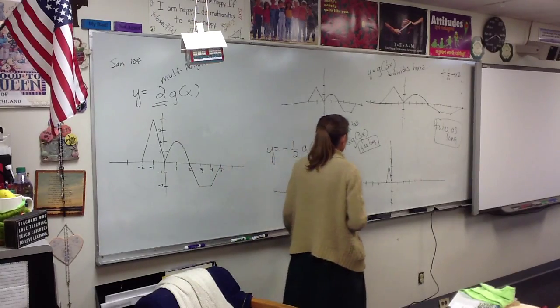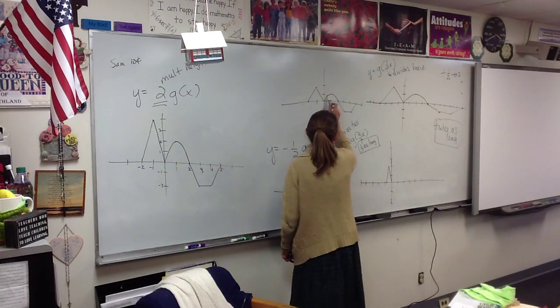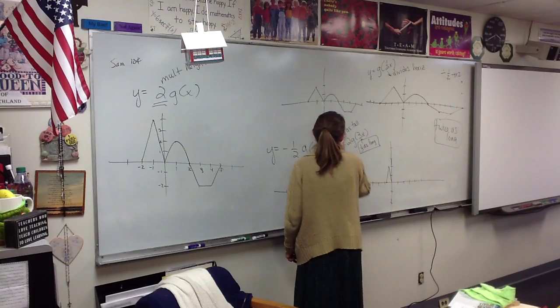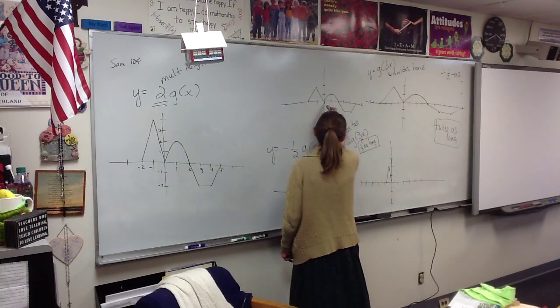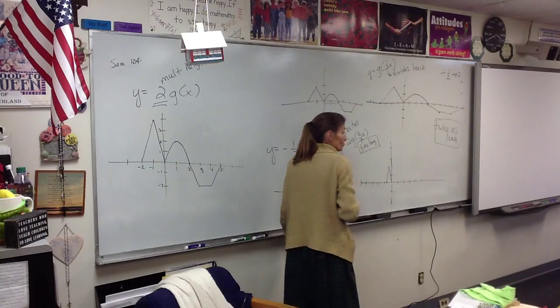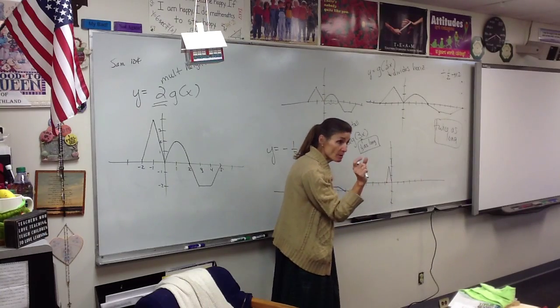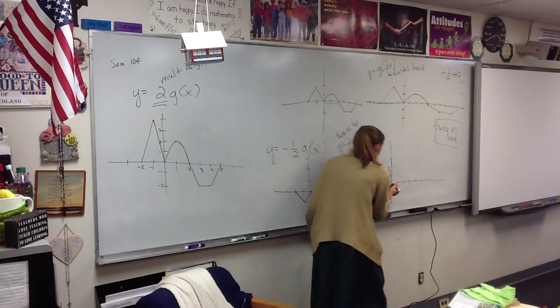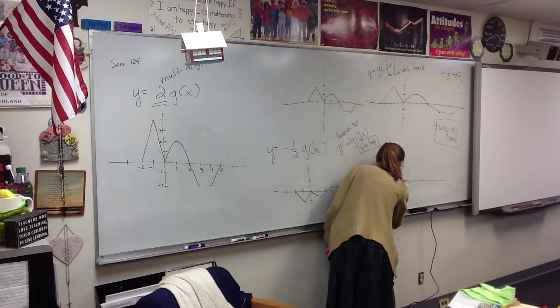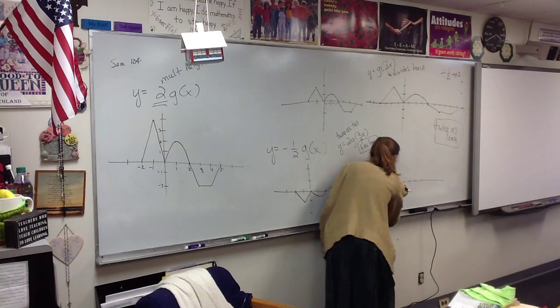Okay. How wide's this semicircle? 2. How long is it originally? 2. So now it too is going to be just 2/3. So there it is, all squished up in there.